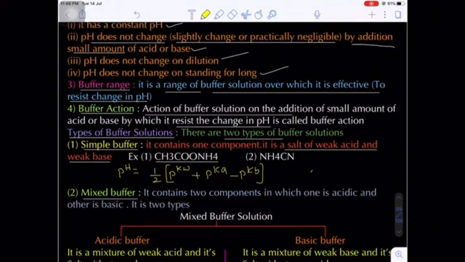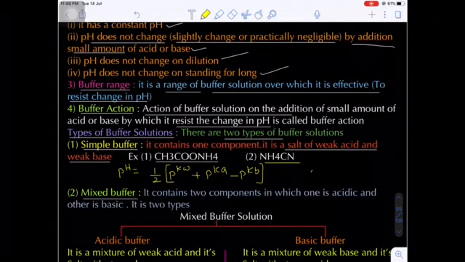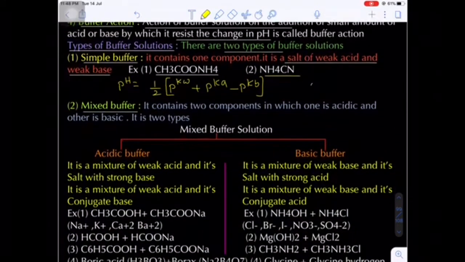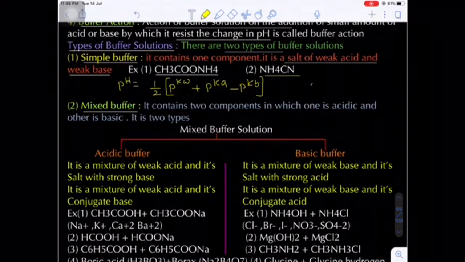This is the pH of the simple buffer, that is, ammonium acetate. And one more example we have written here, ammonium cyanide, a salt of a weak acid and weak base. Are you getting my point?